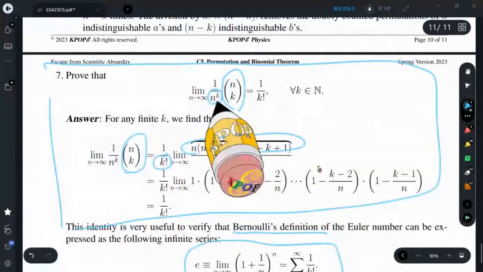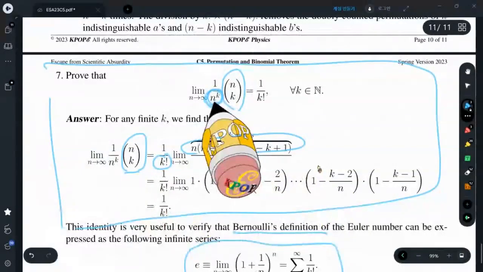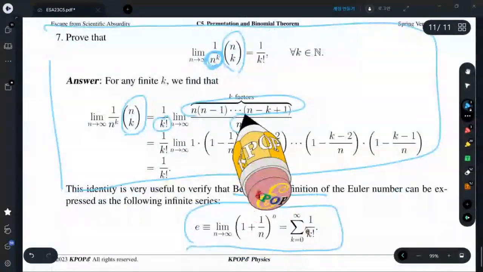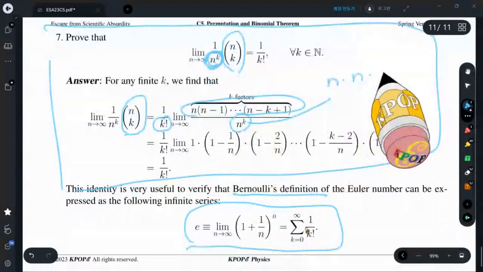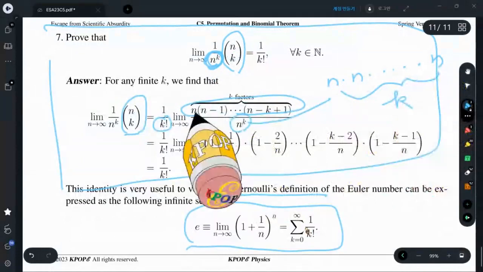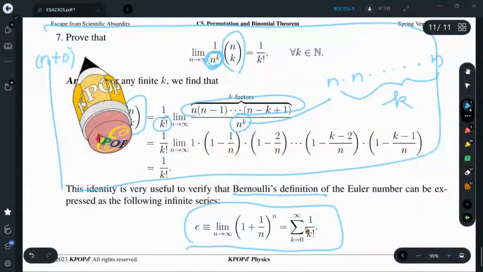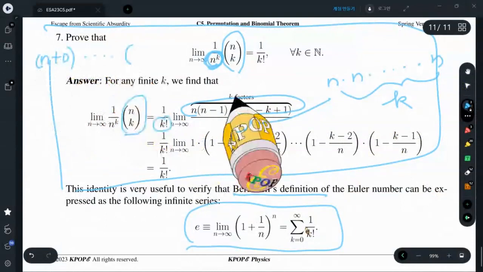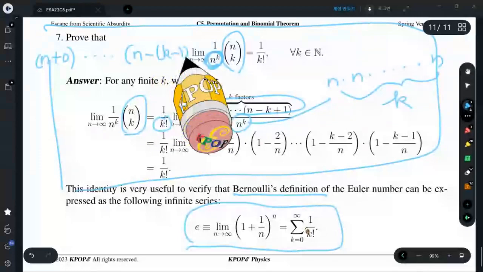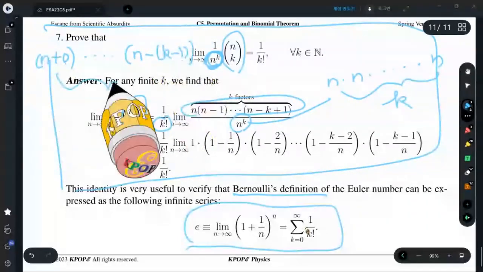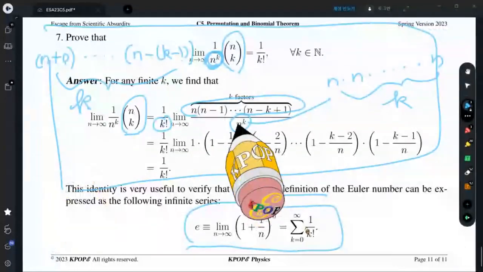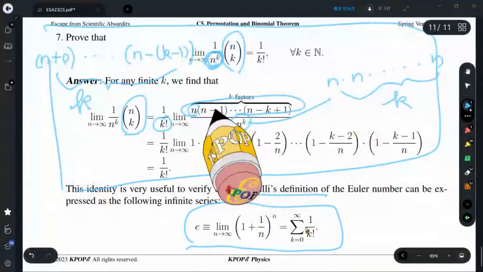In addition, I'd like to divide this one by n to the k. This is n multiplied by n, k times. And what about this? It began with n plus 0 and ended with n minus k plus 1. Therefore, from 0 to k minus 1, I have k factors. Why don't we divide each factor by n?